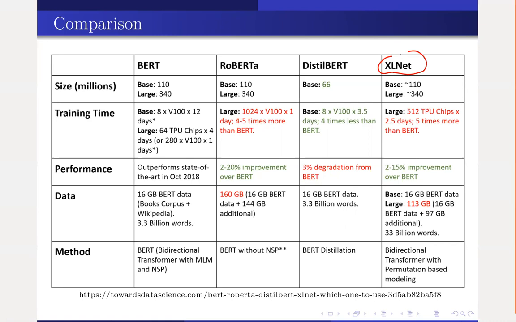But the nice thing is that once you have the trained model, you just need to fine tune it, or even you don't need to fine tune it, you just use it directly, and you may still be able to get some very rough solution to some NLP problem.